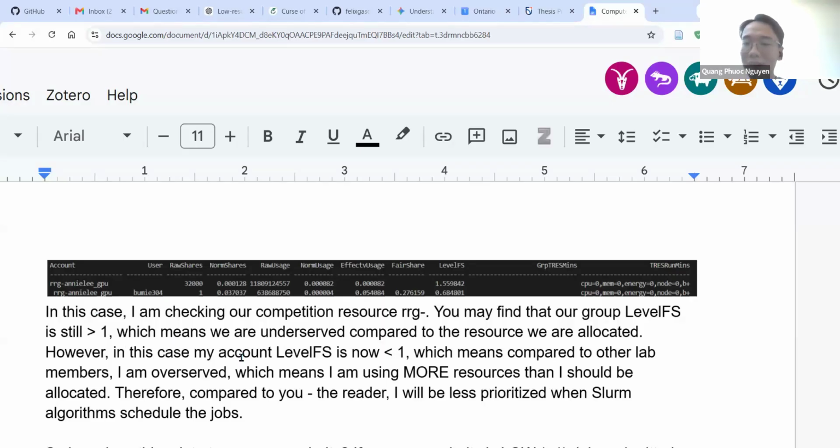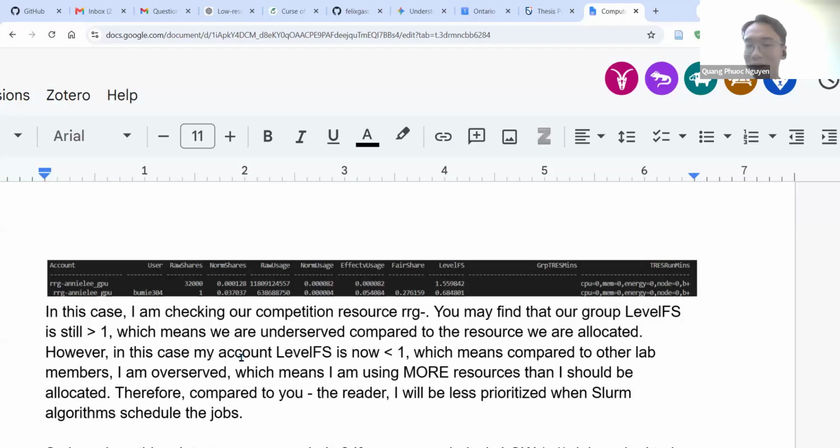By sharing this information, what I want you to understand is that our job queue time will be first determined by our research group priority, the fair share level. Then secondly, determined by our user level fair share level. So if our group has a low fair share level, in general, all of us will be affected.